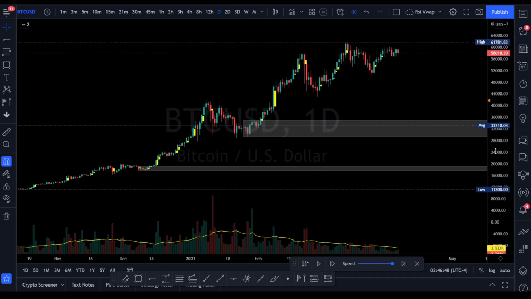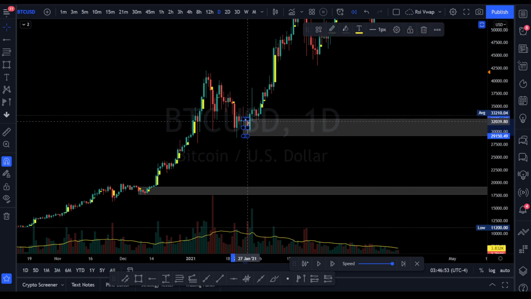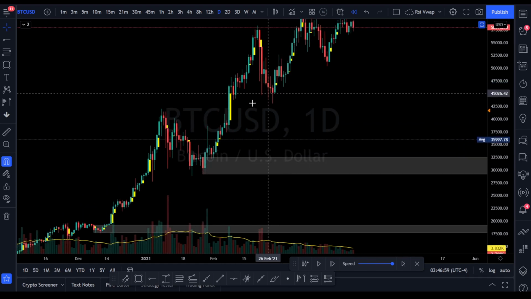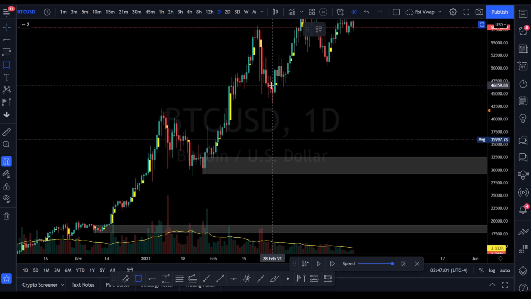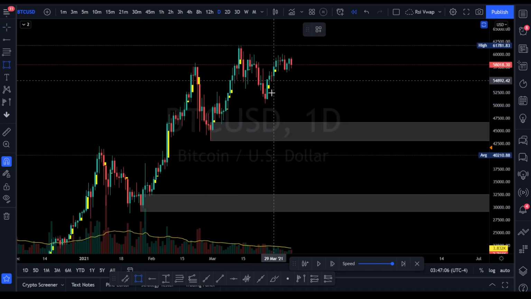Now the next thing I'll do is move down to the 1-day chart and refine the order blocks a little bit, and you can begin to see the other order blocks above. So we got this red candle, we have this one here, and we have this one here.